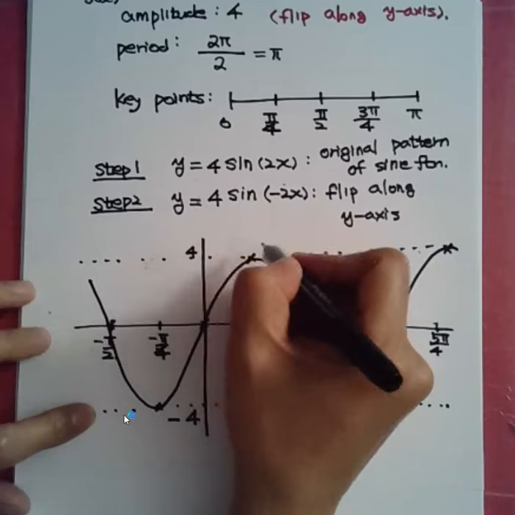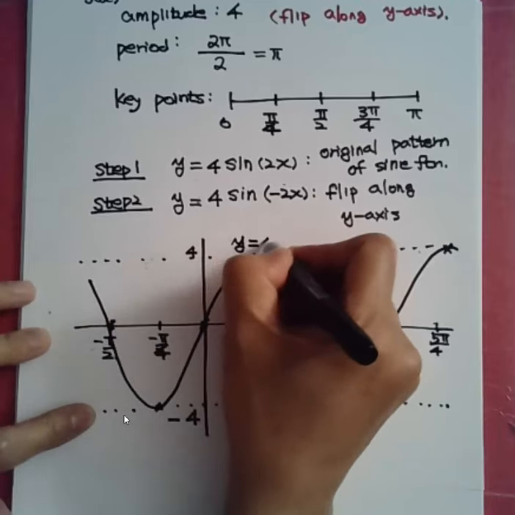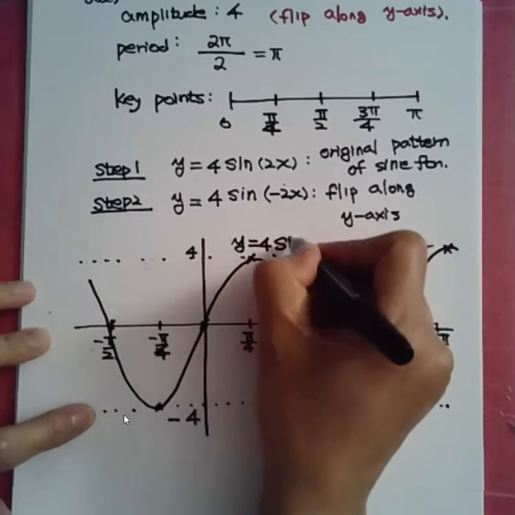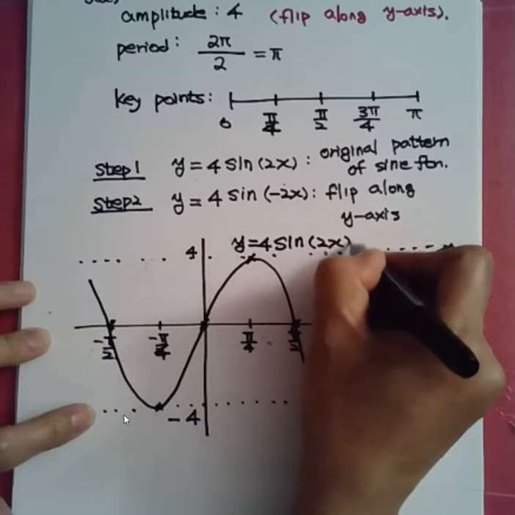This is the graph of function y equals 4 times sine of 2x.